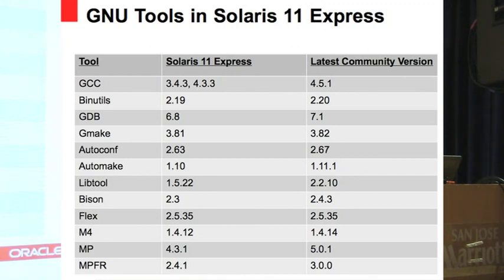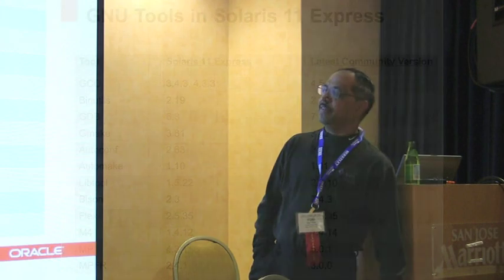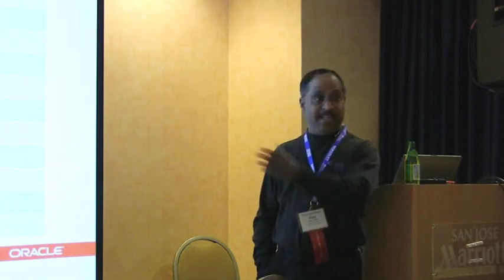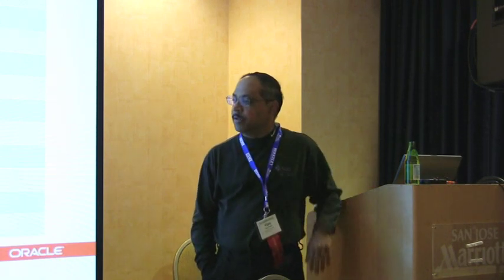The latest community versions very often don't make it into various distros for a while, right? And these are snapshots of when the tools were made available into Solaris 11 Express. Solaris 11 after the Express will get the later versions of it. So when there is a Solaris 11 GA, whatever the latest community versions are at that point will be incorporated as well.